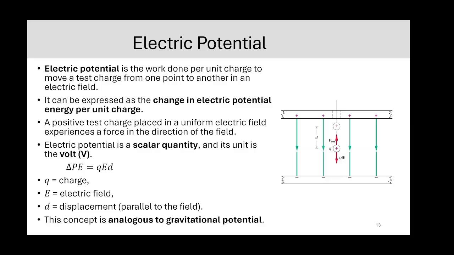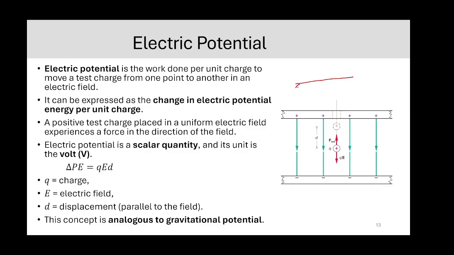And now we will talk about electric potential. Electric potential is defined as the work done per unit charge to move a test charge from one point to another within an electric field. This is similar to what we did when we defined potential energy against gravity. So how did we define potential energy?